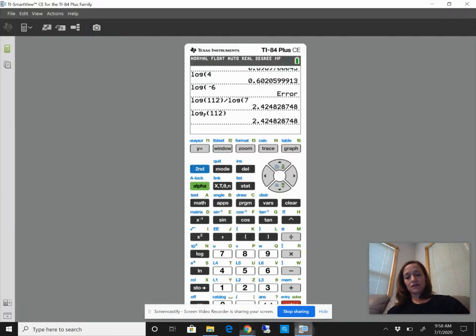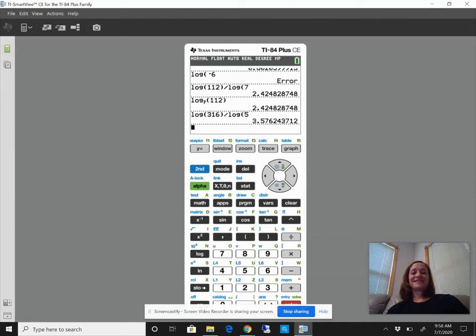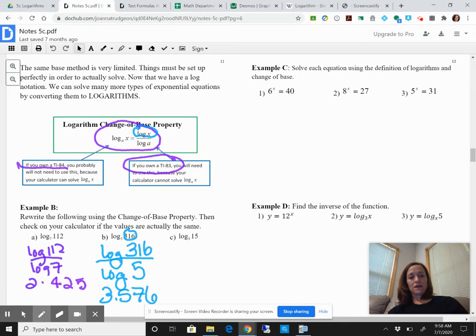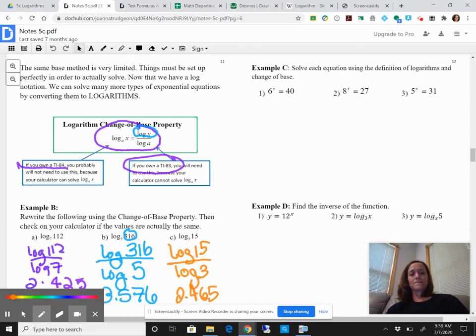Type this into my calculator: log 316, end parenthesis, divided by log 5. 3.576, let's say. Then you go ahead and do C. You should have gotten 2.465.